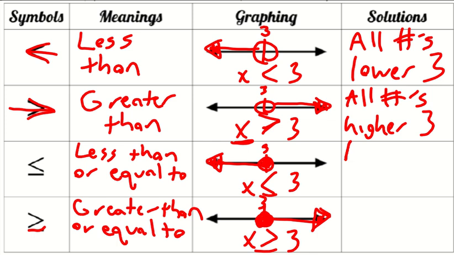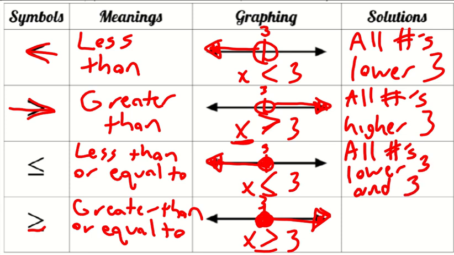So less than or equal to is all numbers lower than 3 and 3. So that's the difference what that line means. The line on the inequality symbol means it includes exactly that number. If there's no line, that number doesn't count as a solution.